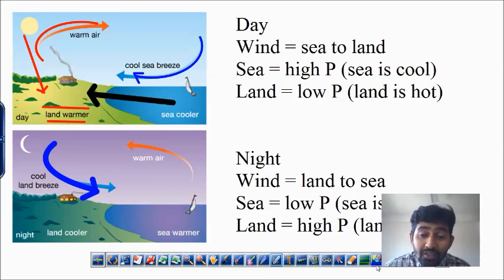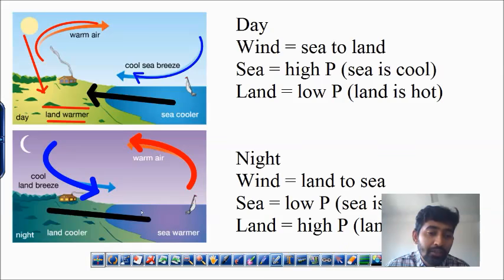But the water is still warm, and warm water की वजह से warm air is rising up. उल्टा साइकिल हो गया. And hence, conclusion, at night, the wind direction is from land to the sea.